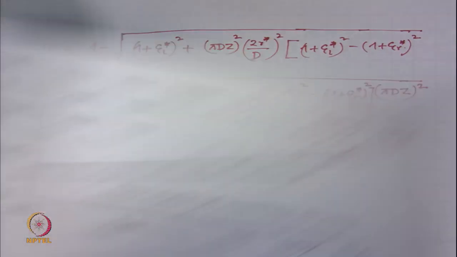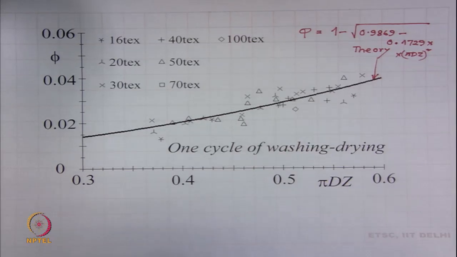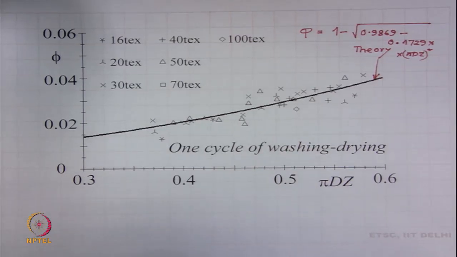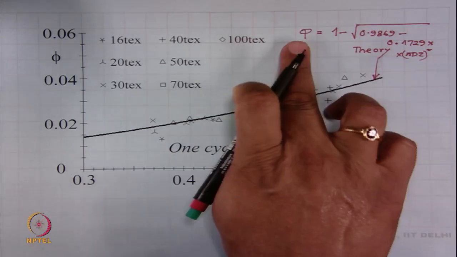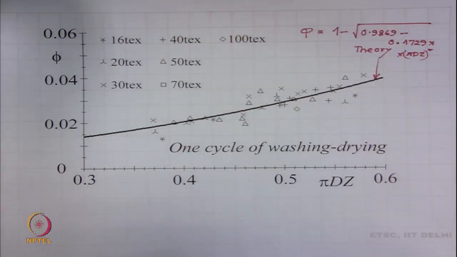So, this line was obtained by using statistical regression technique, and the equation we used for regression is phi is equal to 1 minus root over A plus B into pi dz square.